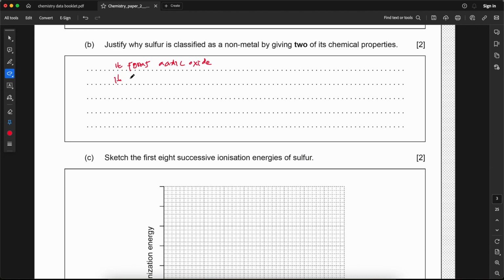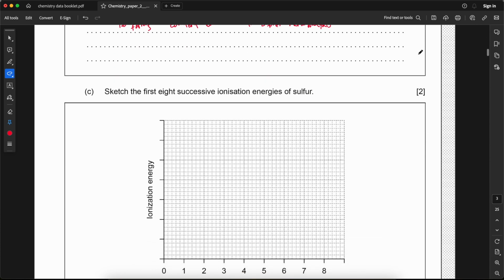Also, it is able to form anions. For non-metals, able to form anions. For metals, forming cations, positive ions. Also, it is able to form covalent bonds with other non-metals. So you can choose two from these three because it's 2 points.